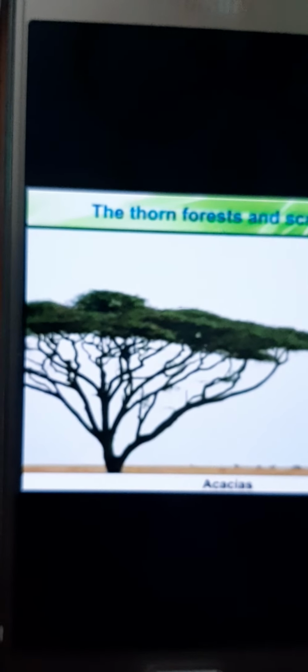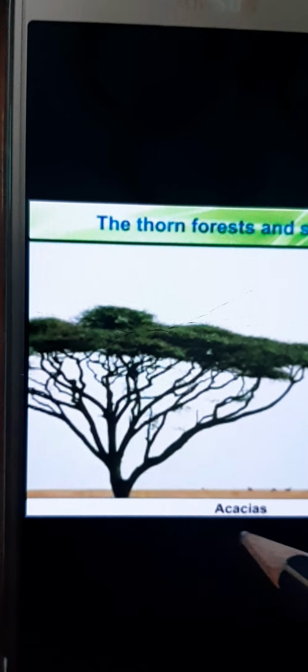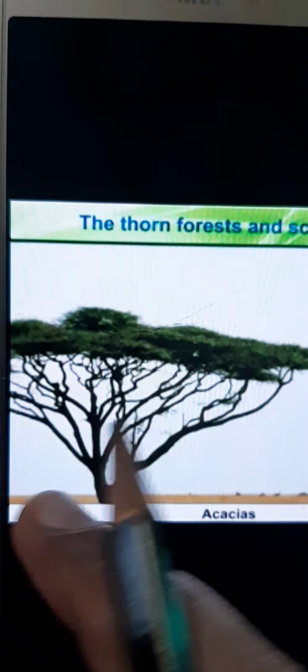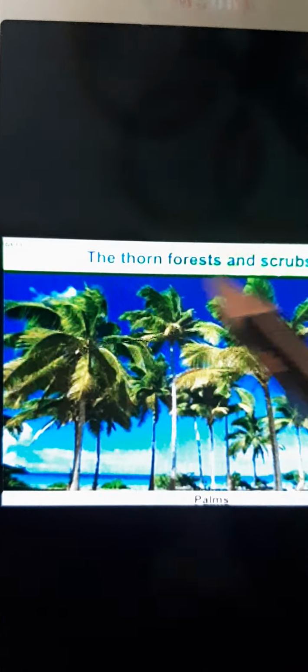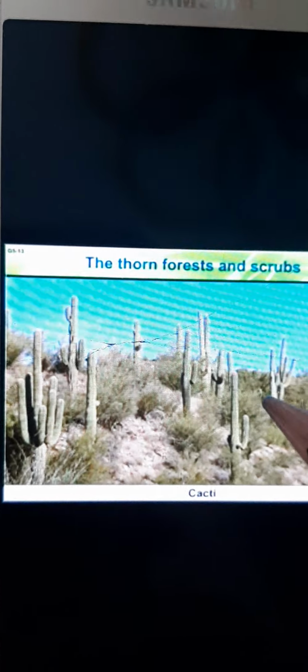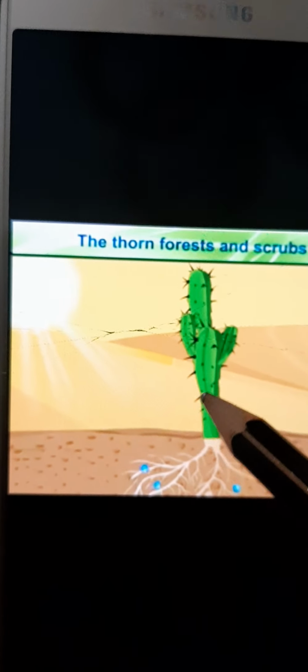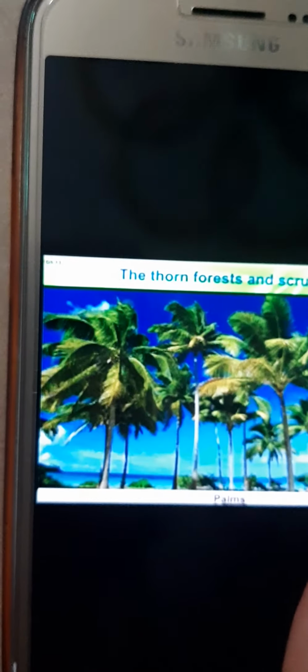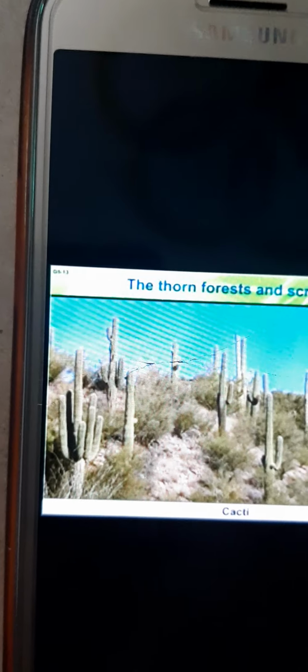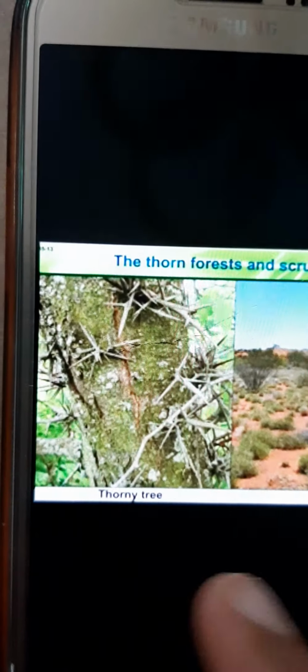You can see I'm showing you one tree. Acacia is found there. Palm trees are mainly found there. Cacti are also found there. So these are the trees which are found in tropical thorn and scrub forest. I hope it is clear.